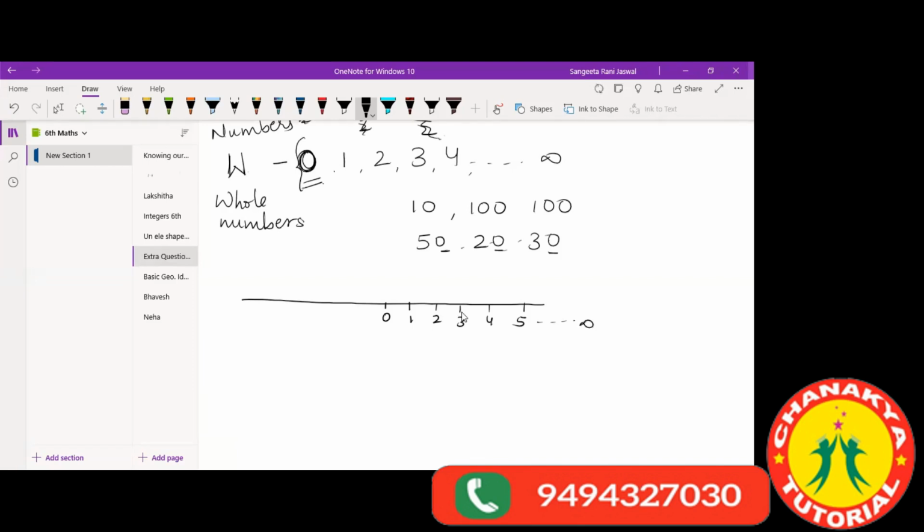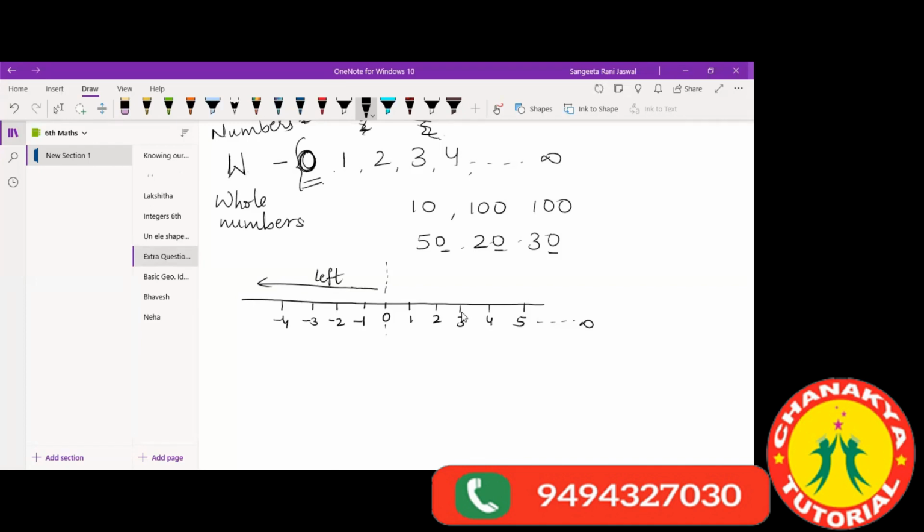When 0 is there, it becomes whole numbers. Now if we take any number here which is less than 0, -1, -2, -3, -4, then it is on this side, all the numbers towards the left of 0.